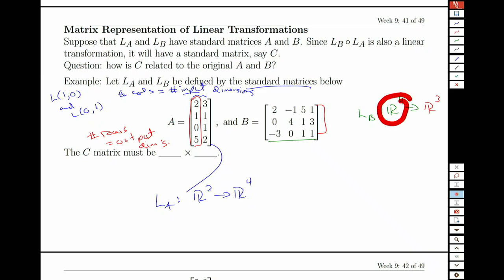And then this one had 4 columns, so input dimension 4, 3 rows, output dimension 3. With each one of these things being part of the spanning set of the image, all those other good ideas.